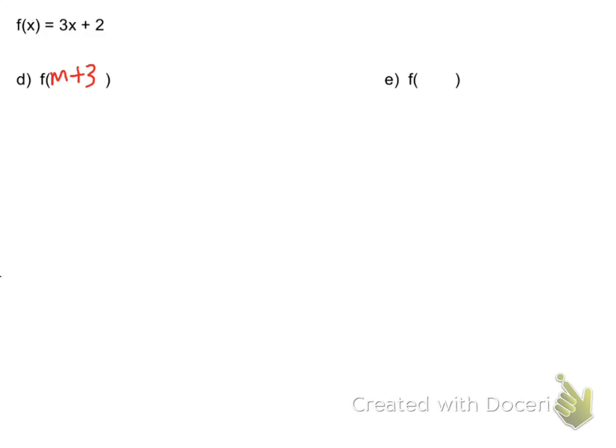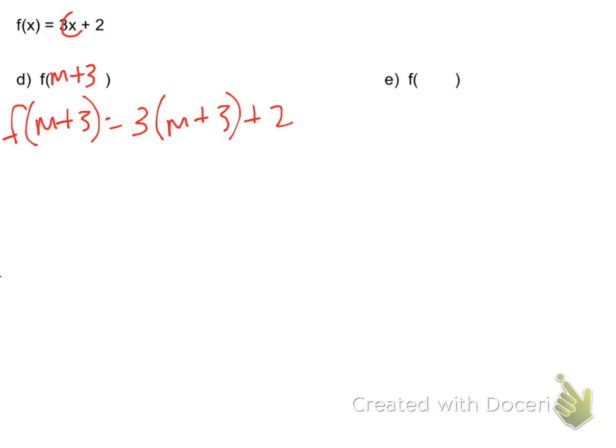This one gets a little bit trickier, but not a lot. F of m plus 3. So again, we're remembering that we just need to replace the x with m plus 3. So 3 times m plus 3 plus 2. Again, all we did was replace the x with m plus 3, 3 times that, and then the plus 2 remains in place.